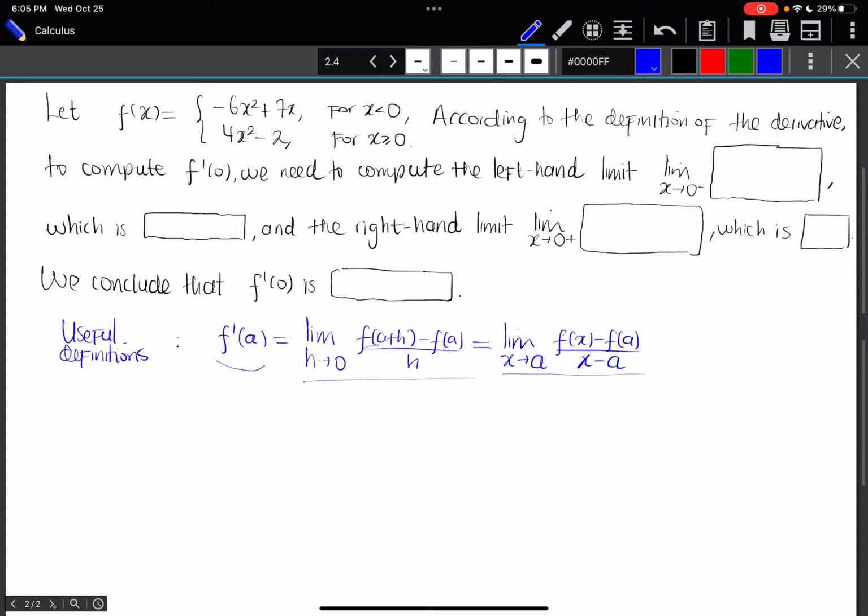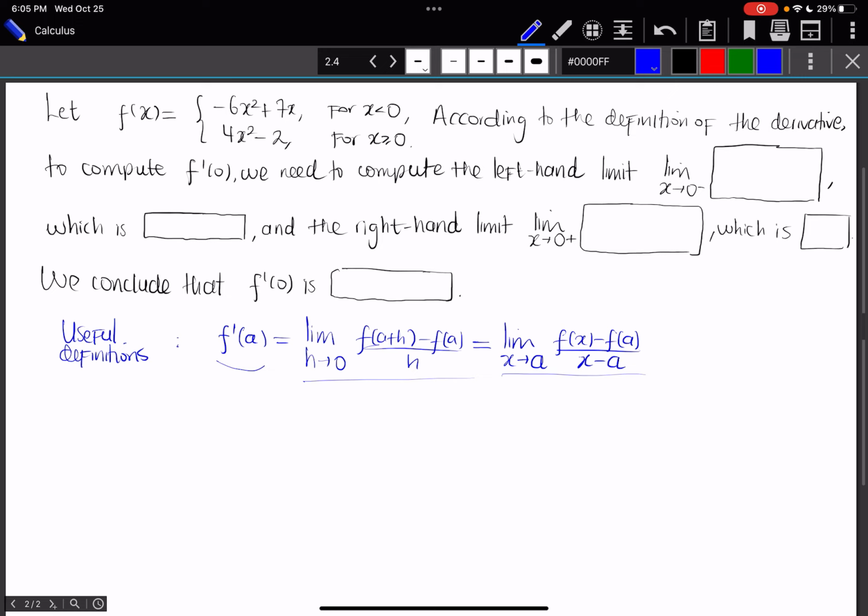According to the definition of the derivative, to compute this, we need to compute the left-hand limit, the limit as x approaches 0 from the left. The definition of the derivative that is particularly relevant to us is this one right here.